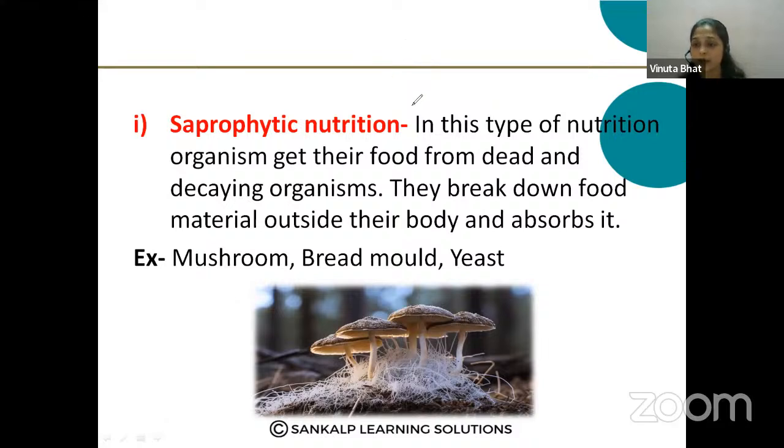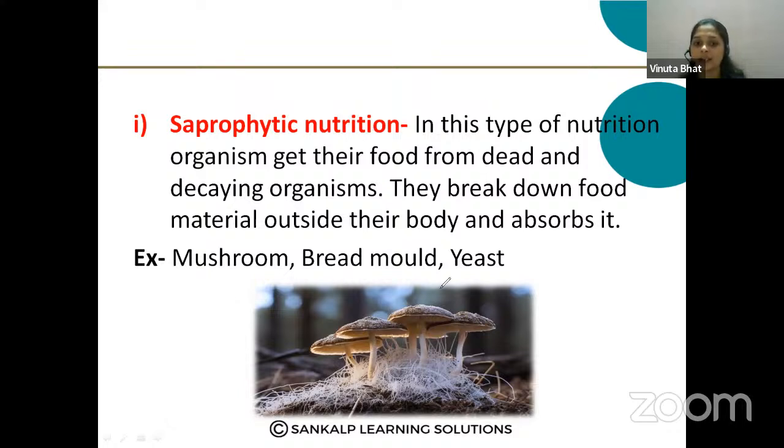Just imagine, in human beings, we take the food inside, and the breakdown of the food material and absorption of nutrients takes place inside our body. But in some organisms, they break down the food material outside their body and they absorb the nutrients.